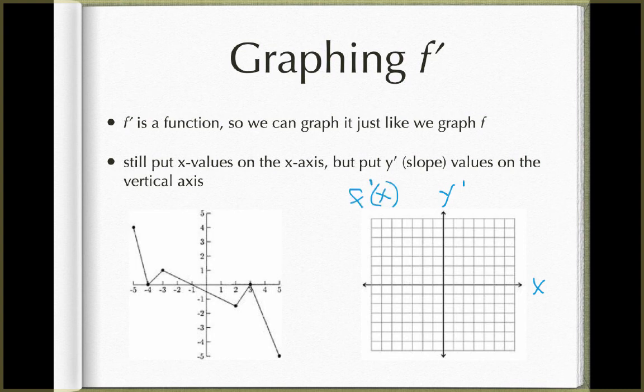When we look at this first part, from -5 to -4, we are going down 4 units over 1. So we have a slope of -4 coming in at -5. So we are at -4, coming in all the way to -4, and that's our end point.